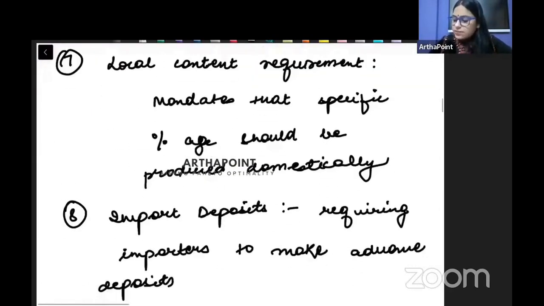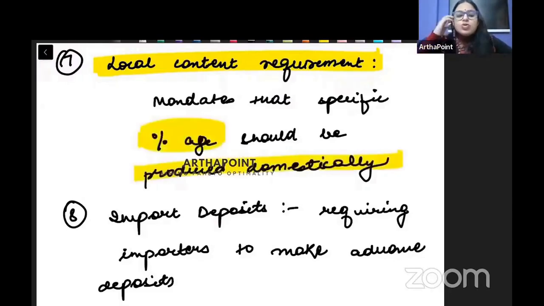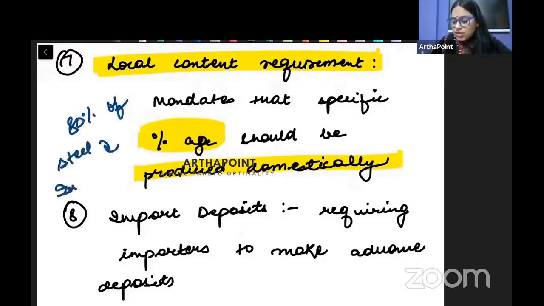Let's come to the next one. Local content requirement. What is local content requirement saying? It is saying that a specific percentage should be produced domestically. For example, if in India we say that we want 80% of the steel to be produced within India, the government has put a law that this much percentage has to be consumed from Indian production.